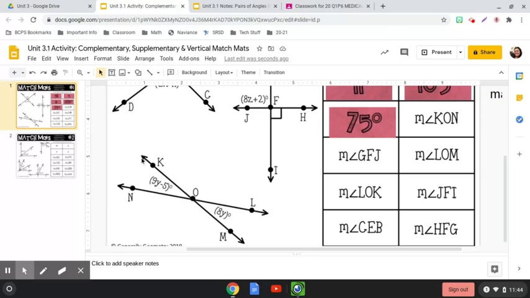We know that KON is 9y minus 5. Guess what, you guys? We've already solved for y, so we can just put that in.